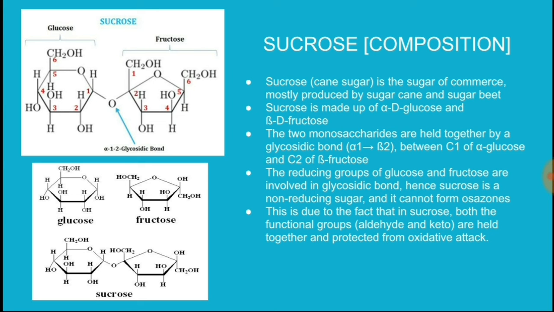Sucrose is made up of alpha D glucose and beta D fructose. These two monosaccharides are held together by a glycosidic bond, which is alpha 1 to beta 2, between the carbon atoms C1 of alpha glucose and C2 of beta fructose. Okay, so the linkage is between alpha D glucose and beta D fructose.